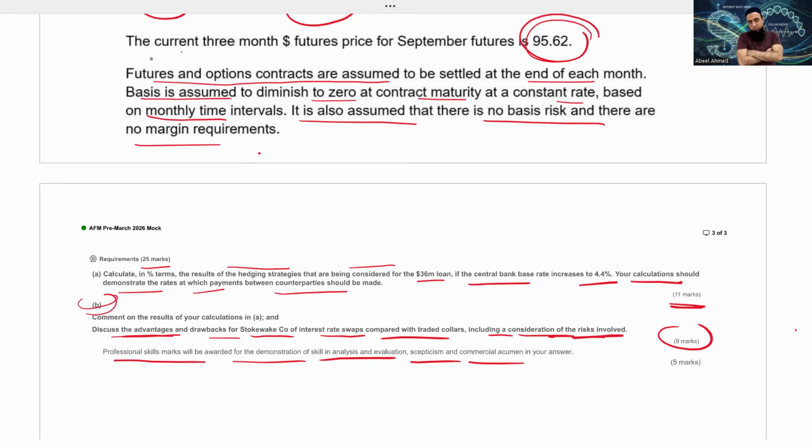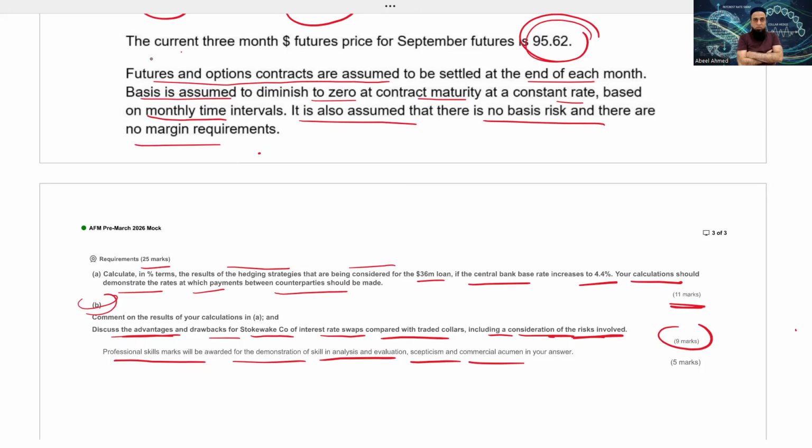What are the advantages in case of interest rate swap? Number one advantage is obviously that interest rate swap is offering a lower fixed interest rate than the collar. That's a benefit. There's no doubt about it. But listen to me carefully.